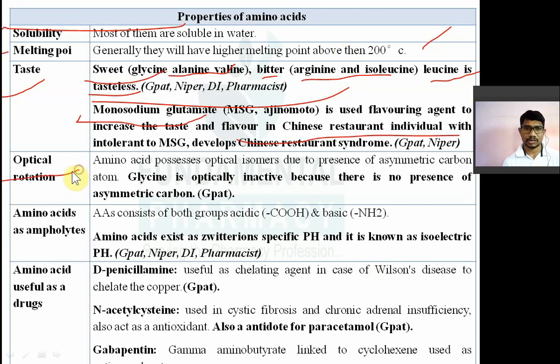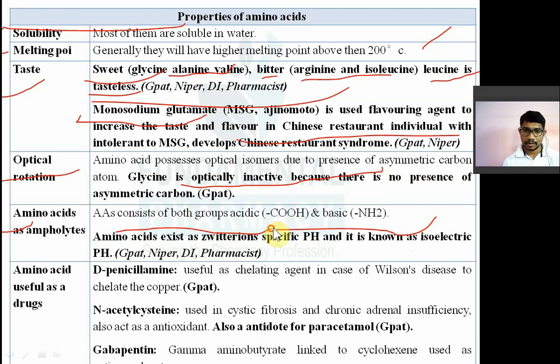Amino acids as ampholytes. An amino acid consists of both groups, an amino group and a carboxylic group. An amino acid exists as a zwitterion at a specific pH. Zwitterion means the amino acid carries both charges, positive as well as negative, NH3 plus and COO minus.